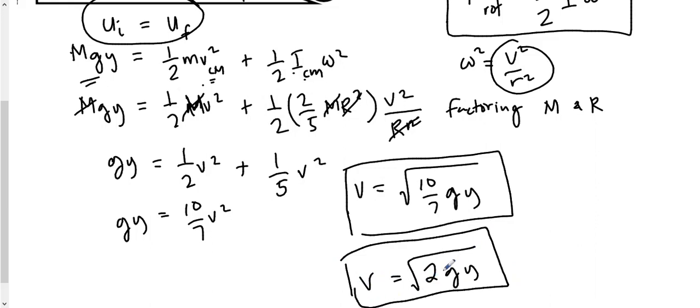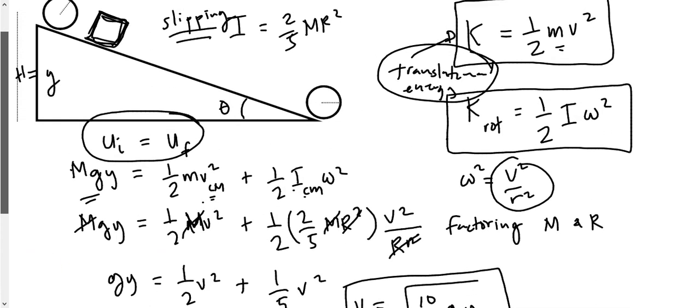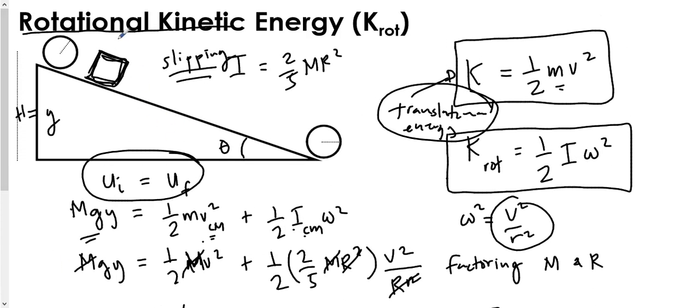Therefore this one is greater than the marble. So the velocity of the box is greater than the velocity of the marble, given this equation. Therefore, who wins the race? It is the box. The box will have the fastest speed.